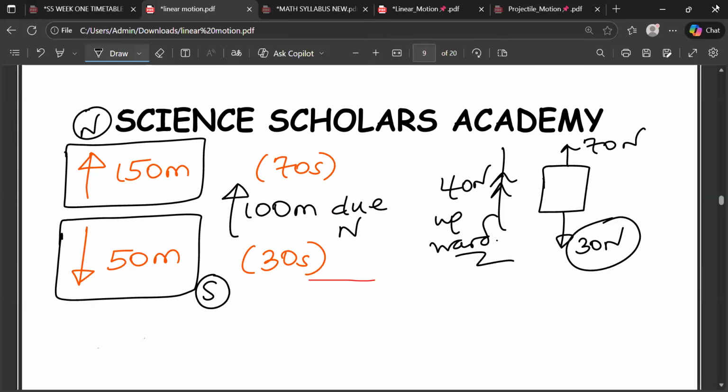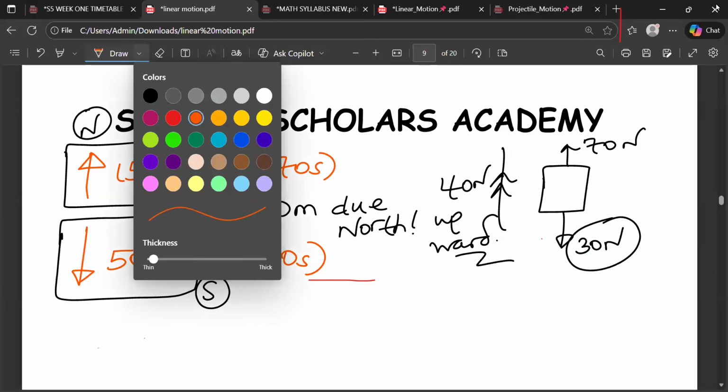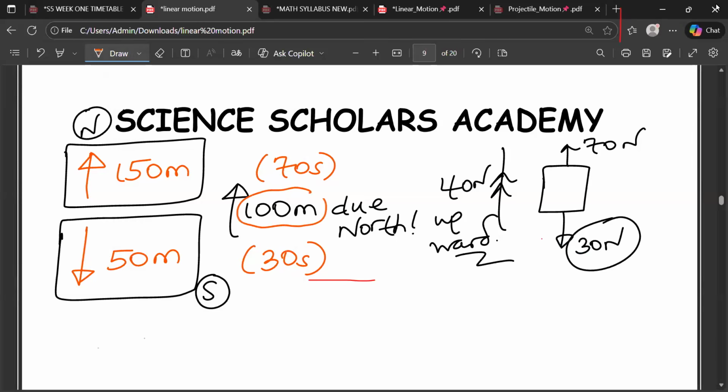Because displacement has direction, don't just ignore direction. But for speed, where we consider distance, just consider the size: 50 and 150, add them, get 200, divide by 100, get 2. But for displacement, you consider direction. If you're going 150 north and 50 south, the overall is 100 north. So this is your displacement. Divide it by 100, you get 1.